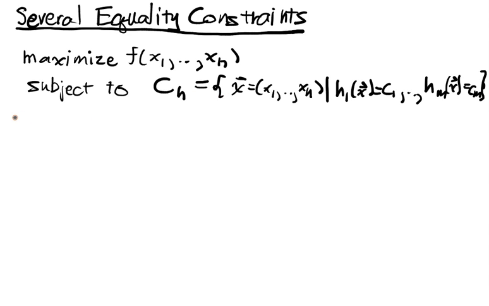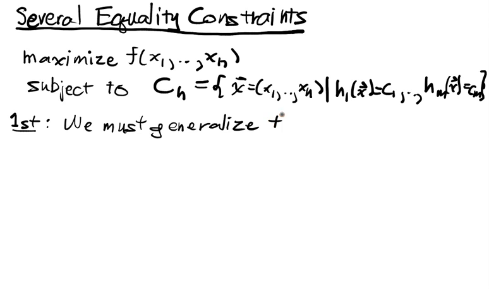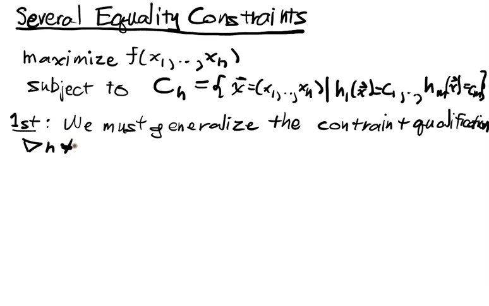So first, we must generalize the constraint qualification. So remember the constraint qualification was that the gradient of the constraint function can't vanish.